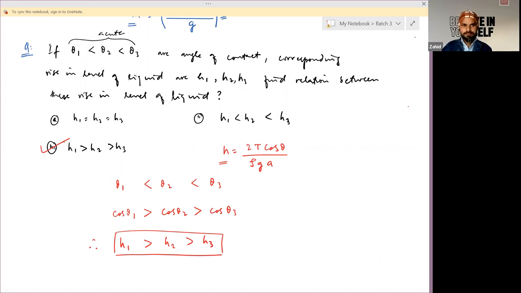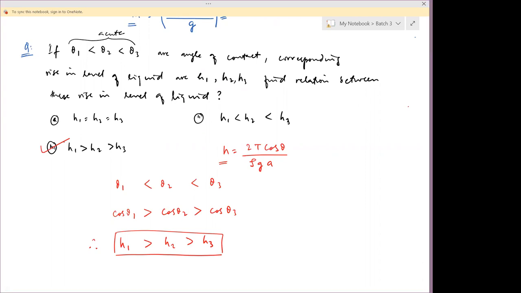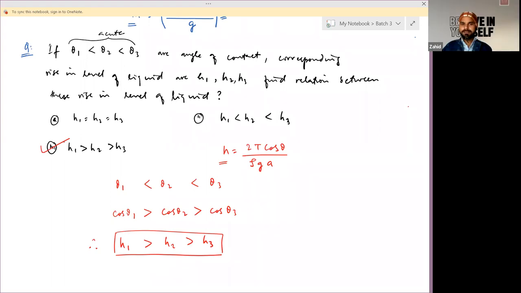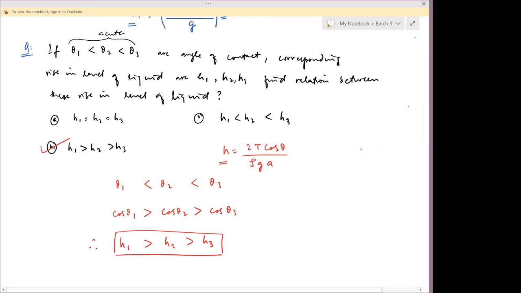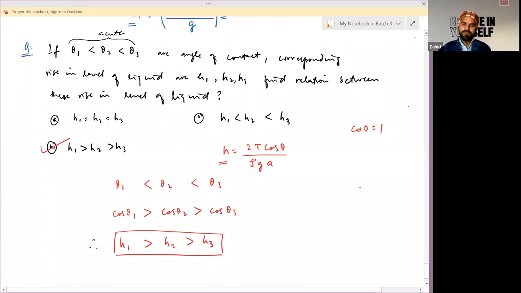Atif, is it clear? Yes. Okay. Yusuf, is it clear? Yes, sir. Since cos 0 is maximum, 1, and cos 90 is 0, on going from 0 degree to 90 degree, the value of cos theta decreases. That's why if theta is small, cos theta will be large.